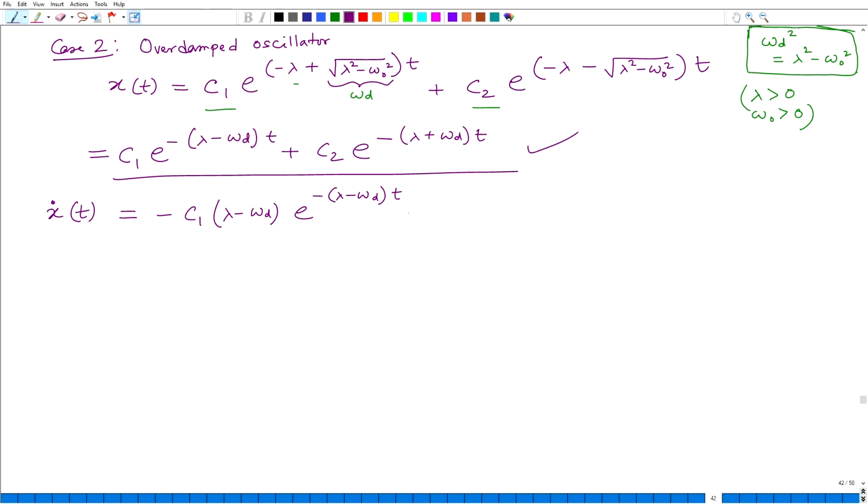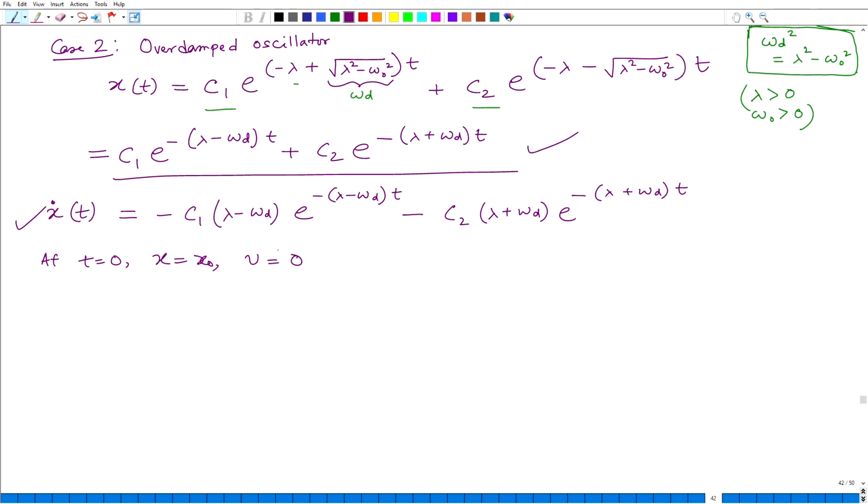So I again take this minus over here, and C2 (lambda plus omega d) e to the minus (lambda plus omega d) t. So this is the d/dt of the displacement, and now I am saying that at t equal to 0, x is equal to x0 and v is equal to 0.